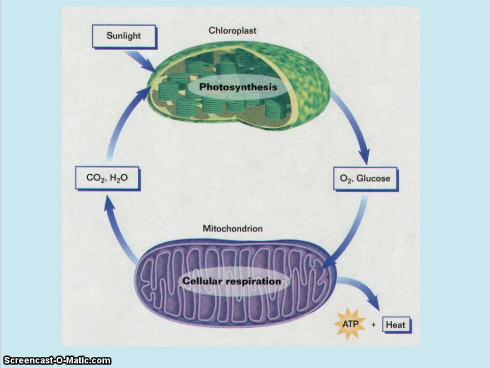So in this diagram, photosynthesis produced oxygen as the waste product and glucose. Cellular respiration uses that oxygen and that glucose to make ATP, energy stored in ATP, and heat. A waste product of that is carbon dioxide and water that is then used in photosynthesis, completing the cycle. They are all connected.